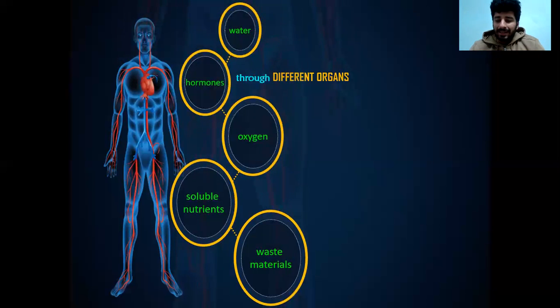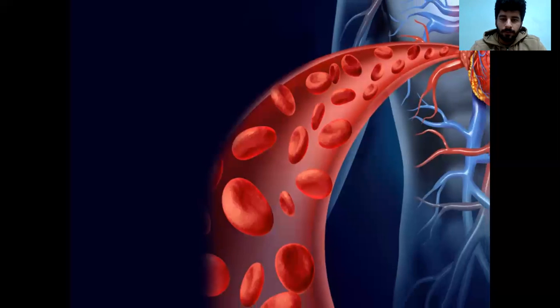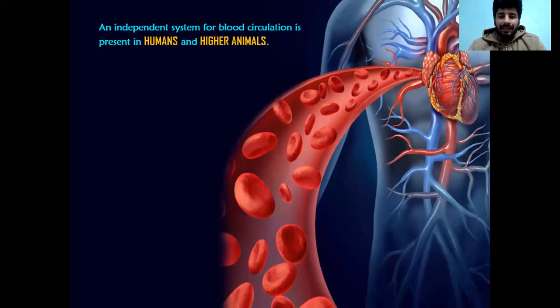So all of these are going to be transported through the different organs, and they are also going to be collected from various organs or various parts of our body. Such a circulatory system is seen only in human beings and other higher animals.